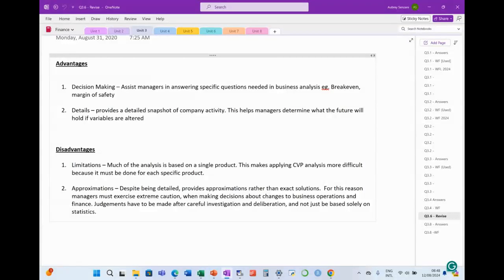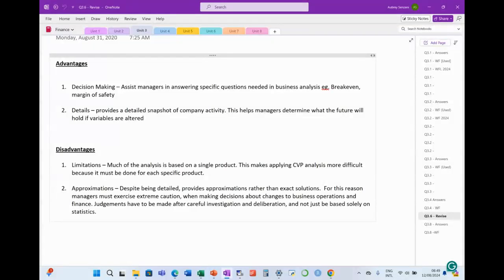Or the proportion of the sales mix remains constant. So if product A is 10% of our total sales, it's always going to be 10% of our total sales. And then product B is always going to be 50%, which means product C will always be 40%, which is not very realistic. So that's one of the additional limitations.